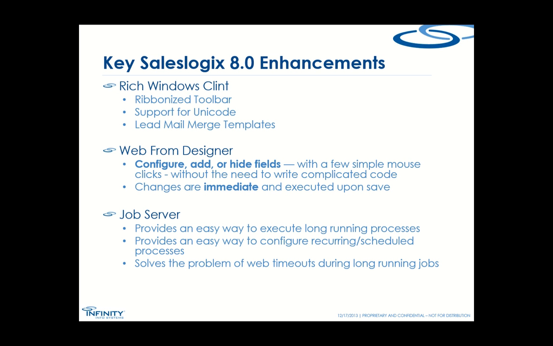So that way it frees up all those long-running processes that you would have on the web that in the past has kind of locked it up or made the system unusable for the user while they're running those kind of jobs. Whether it be exporting a large list or doing some sort of custom territory realignment, we can now move those over server side and let the users continue on with their work as they're waiting for the job to finish.